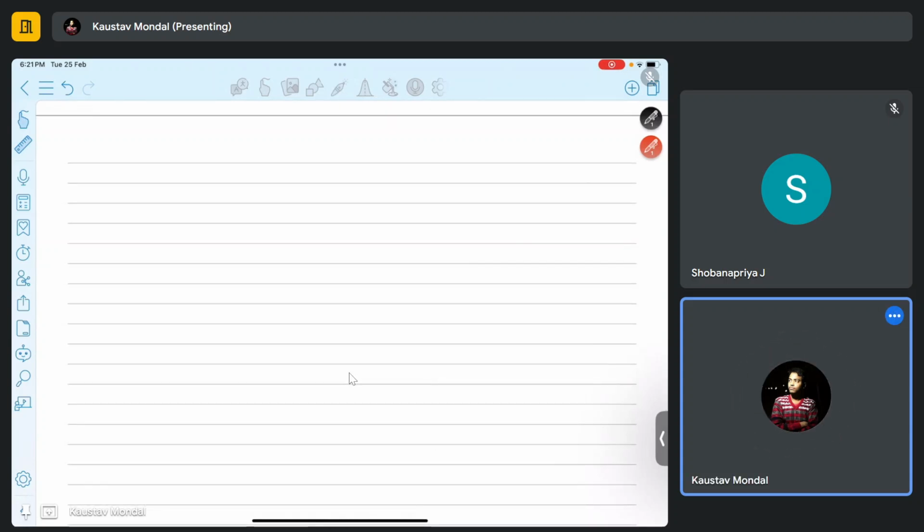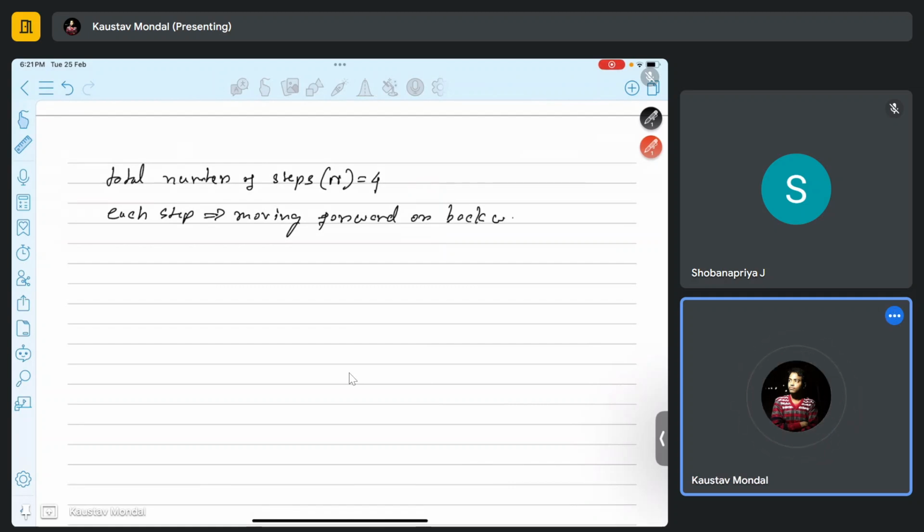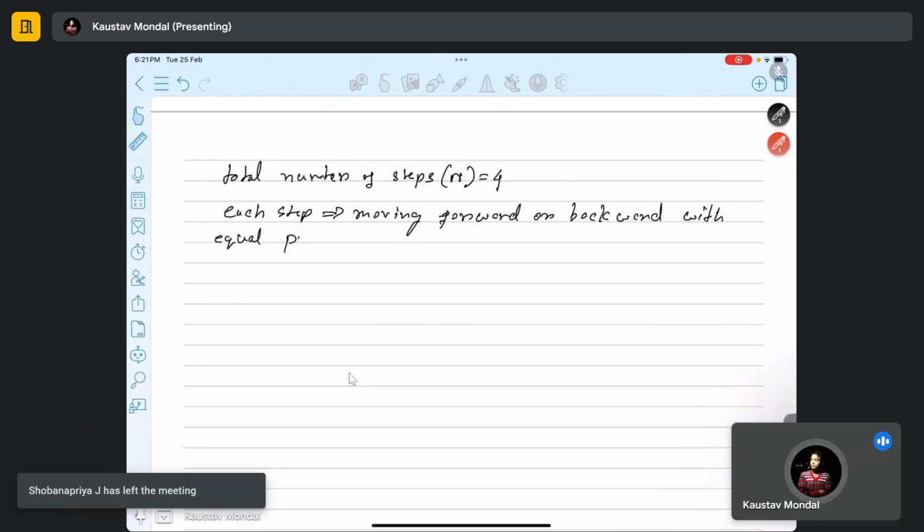The total number of steps is n equal to 4, and each step means moving forward or backward with equal probability.